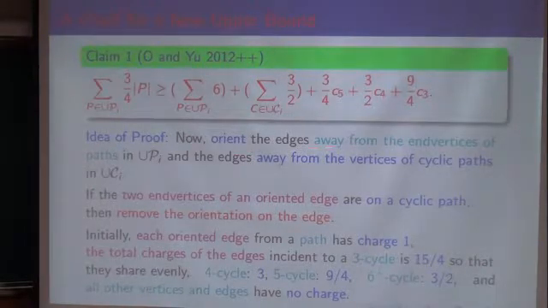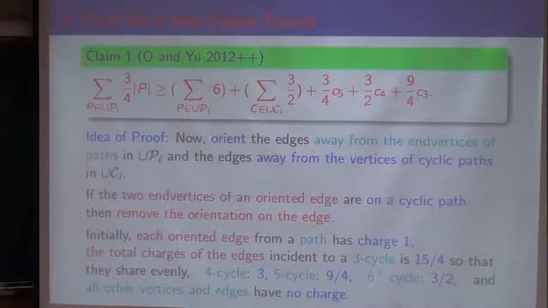So the right side is explained. But what about the left side? Well, we give charge on the oriented edges, so we need to distribute the charge to the vertices. Where? Non-cyclic paths.